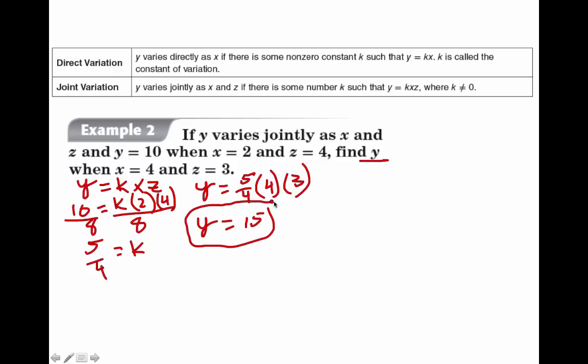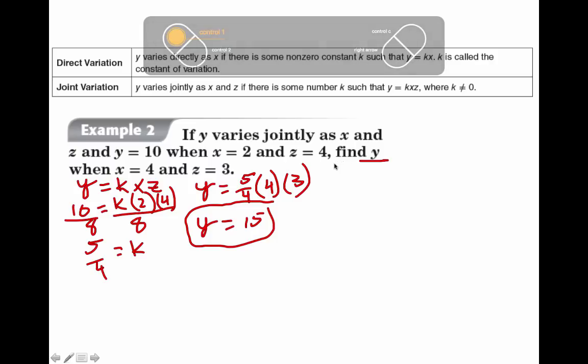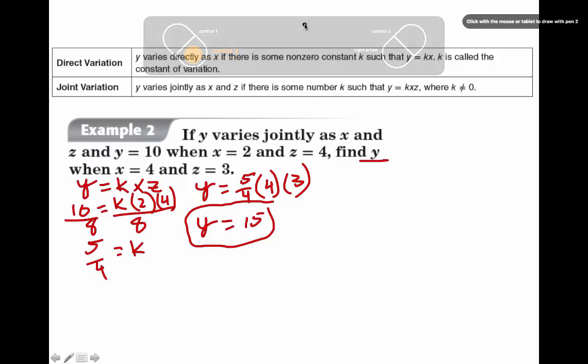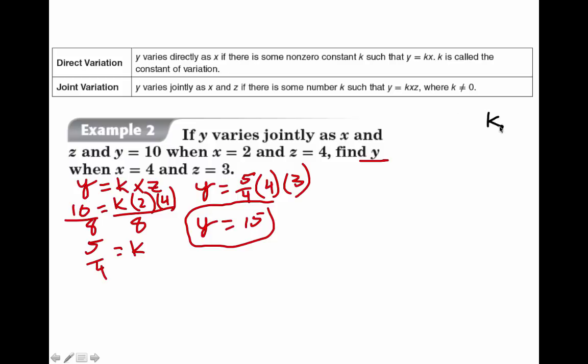My answer is 15. The proportion method tells me that I could rewrite this as k equals y over xz. Now I can use y over xz for both of them because they're both equal to k.